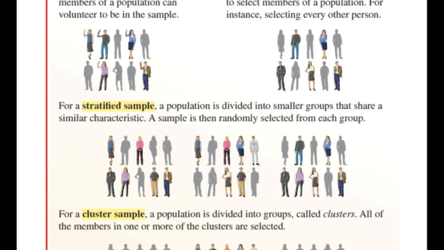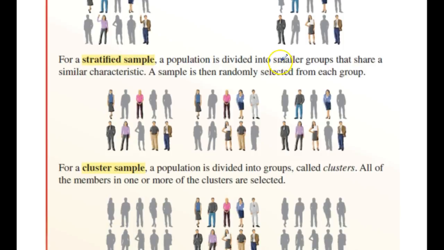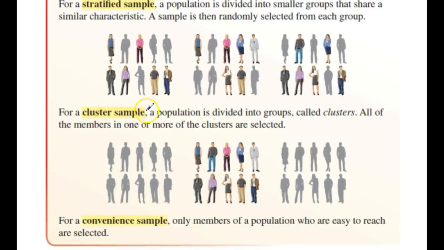If we're looking at a stratified sample, a population is divided into small groups that share a similar characteristic, and then a sample is just randomly chosen from each of the groups to represent our final grouping. If we're looking at a cluster sample, our population is again divided into those groups called clusters, and then all of the members of one cluster are selected.